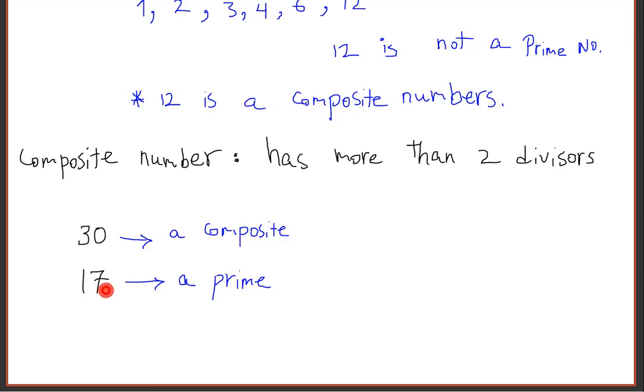And I didn't check other numbers because if it had a factor greater than 5, it certainly will have a factor less than 5. Do you understand what I mean? So if the factor is more than 5, there should be a factor less than 5, right? Right.